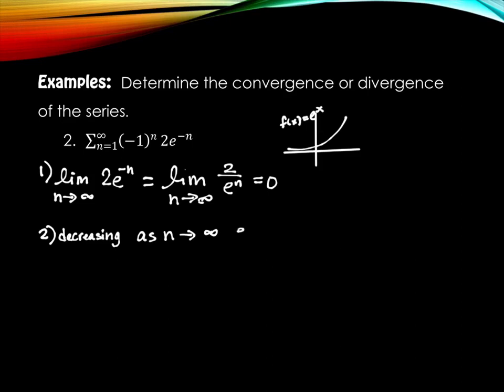So as n goes to infinity, e to the n increases, or is increasing. So 2 over e to the n is decreasing. Okay, everybody good with that?